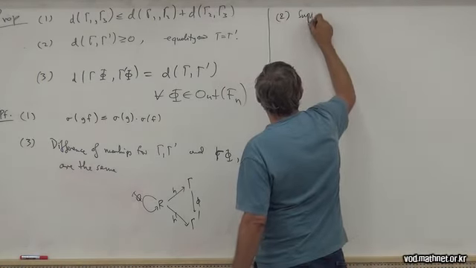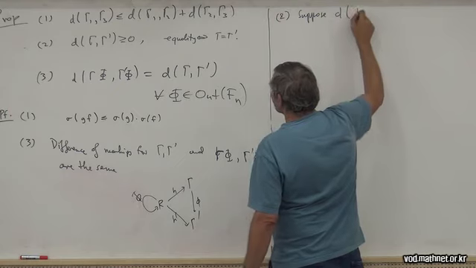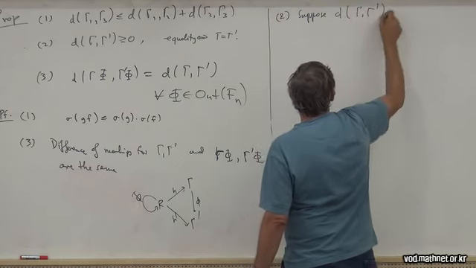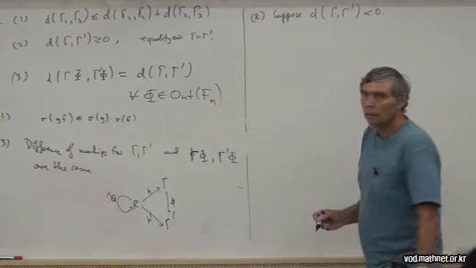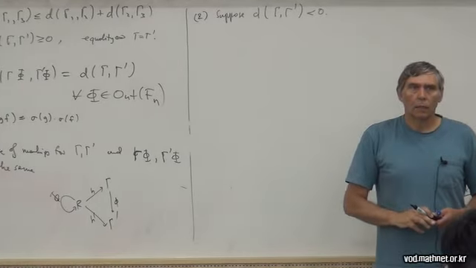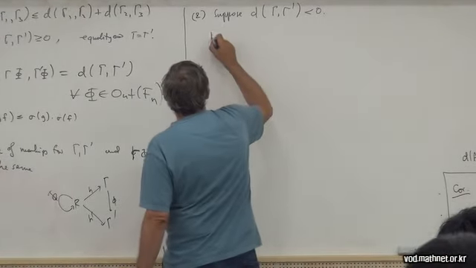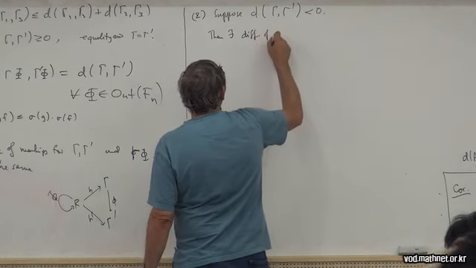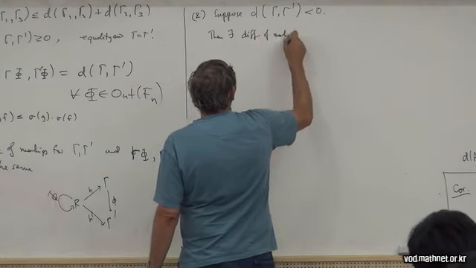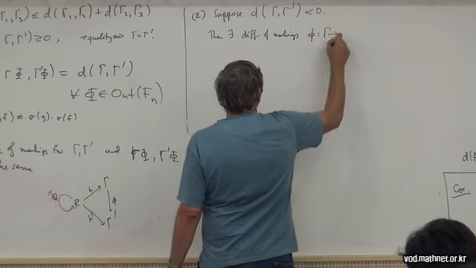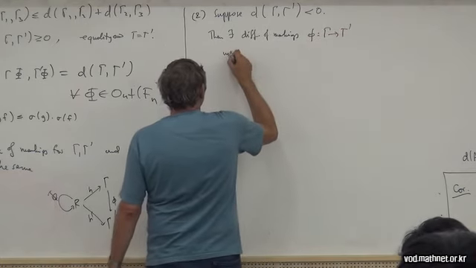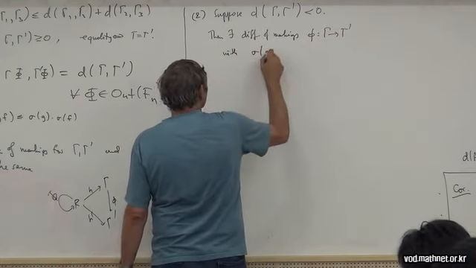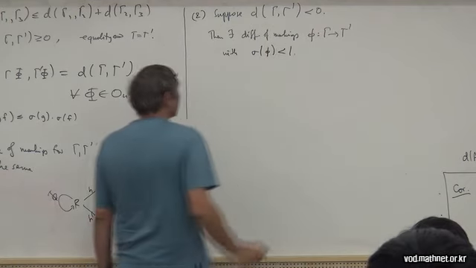Suppose the distance from gamma to gamma prime is negative. Well, then there exists a difference of markings phi from gamma to gamma prime with the Lipschitz constant strictly less than 1, right? That's what it means.